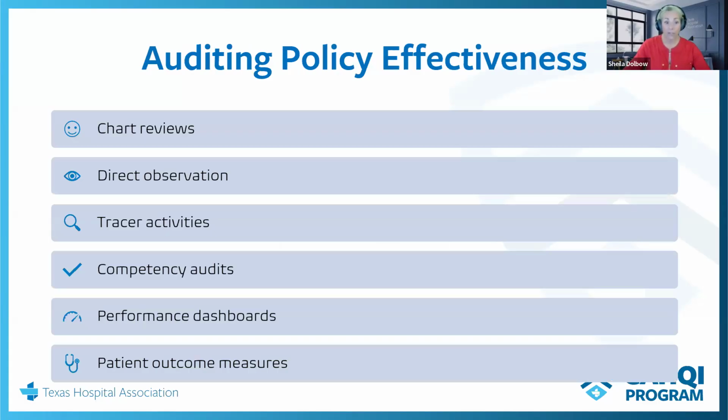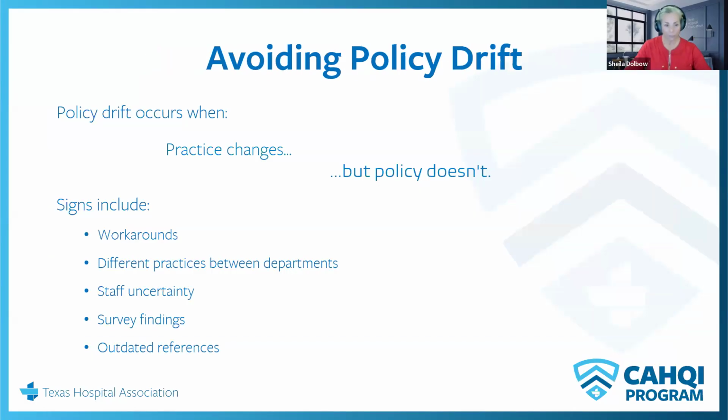We audit our effectiveness. Again, we do chart reviews. This may be through direct observation, tracer activities, it may be competencies, performance dashboards, patient outcome measures. These are our quality metrics that we utilize to make sure that whatever we're doing is actually working.